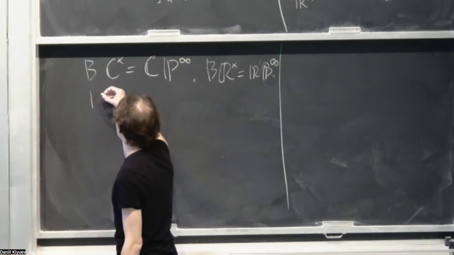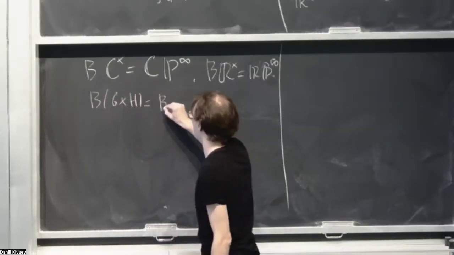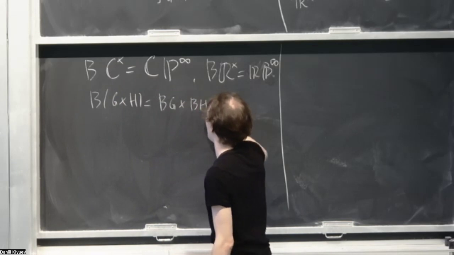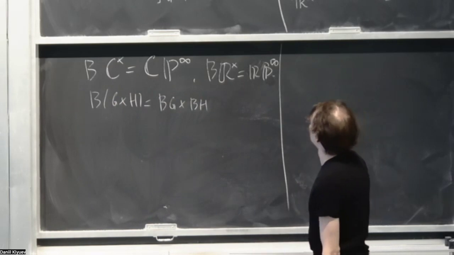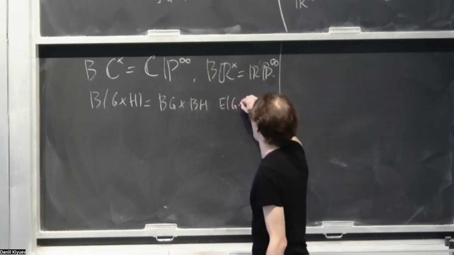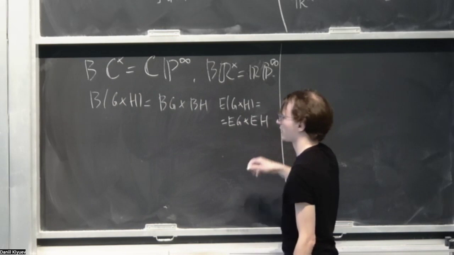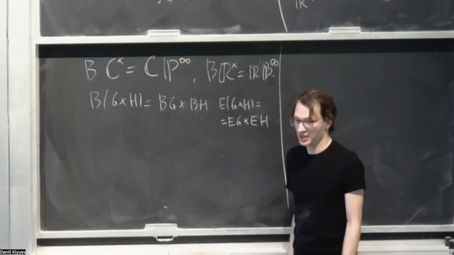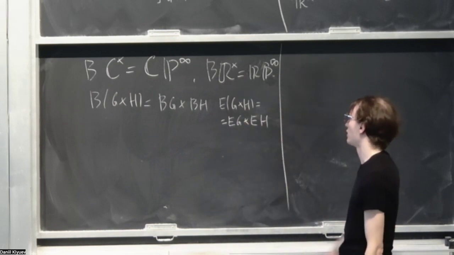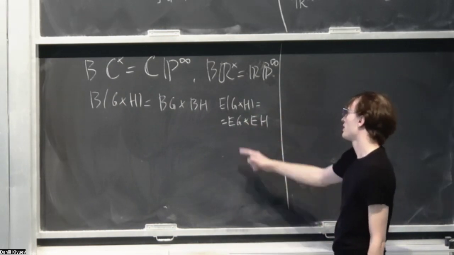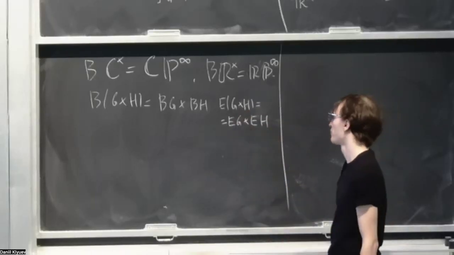In particular, naturally, for any two groups, B of G cross H is BG cross BH, just because you can cross everything. It's just some explicit construction. If you have such spaces, then it works. So it's convenient that I can take these two spaces and say, okay, it's contractible as a product of contractibles, and G cross H acts on it freely.